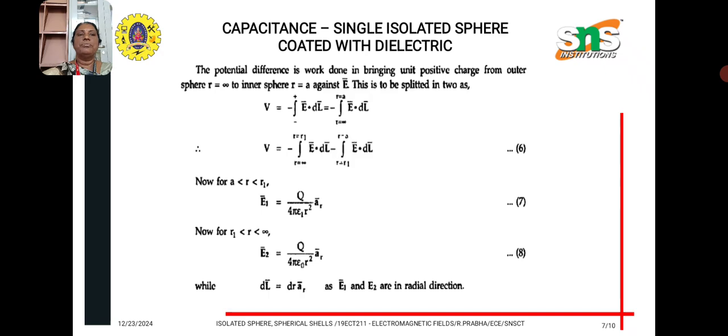And the potential difference for this case, V is equal to minus of integral E dot dl from infinity to a. So it is obtained as V is equal to integral of E dot dl, and substituting in the voltage formula, the electric field intensity is Q by 4 pi epsilon 1 r square a_r vector.